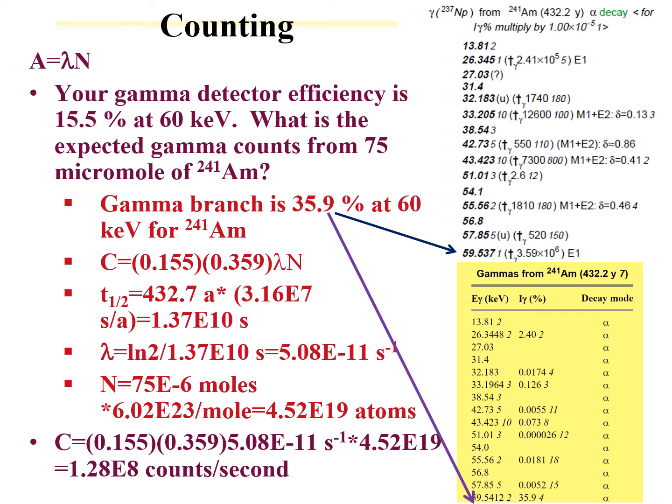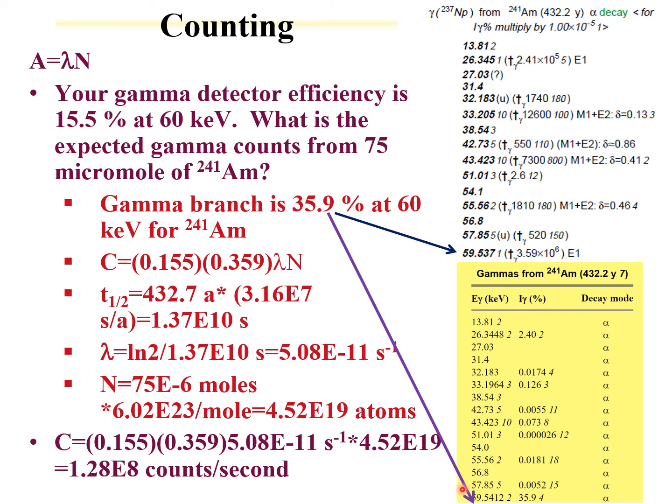The gamma branch at 60 keV, so 59 right over here, is 35.9%. That is my gamma branch.